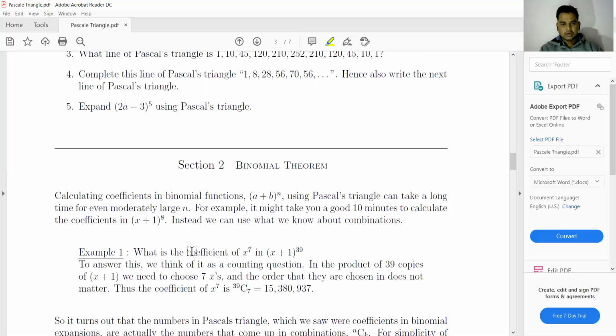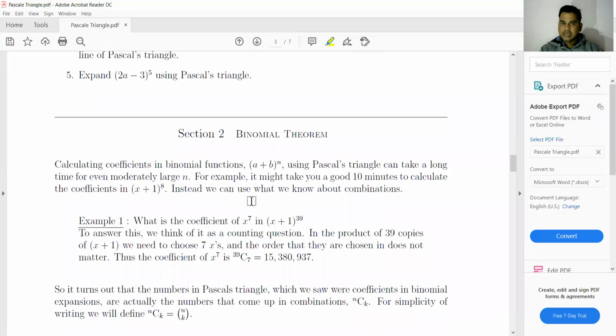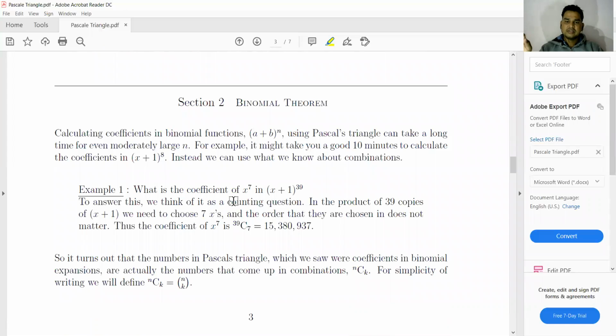Okay, so what is the theorem? It will be discussed in the notes. But here we are saying that the binomial theorem is just used to find the coefficients in the binomial expansion.